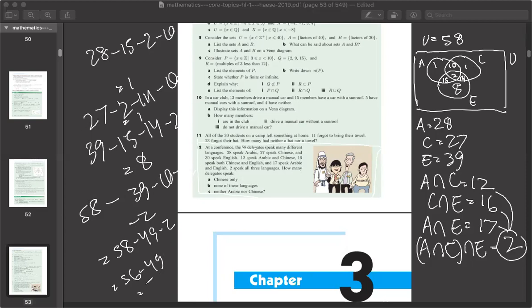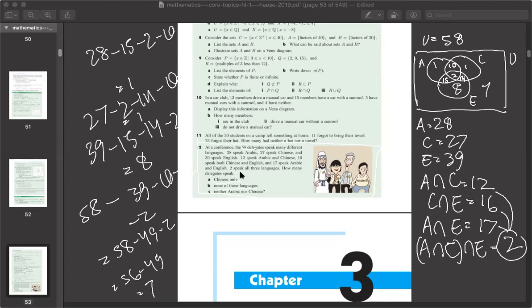That's 7. Wait, I might have gotten it wrong. Yeah, that's 7. So now you can finally answer all these questions smoothly without getting confused about what you should do, because you already got all the answers.